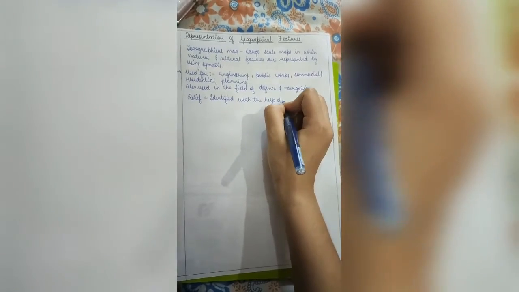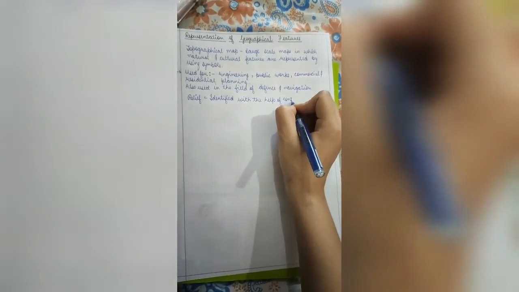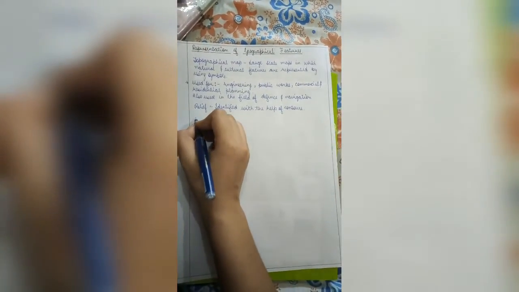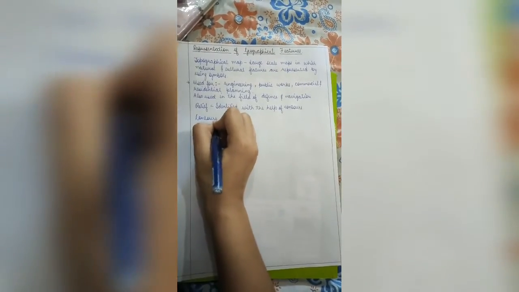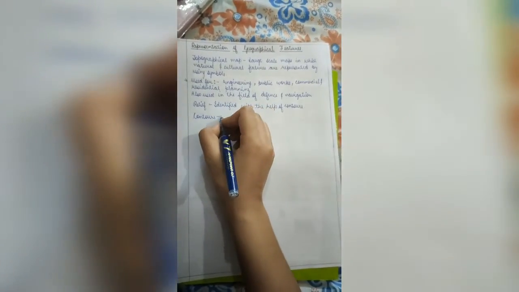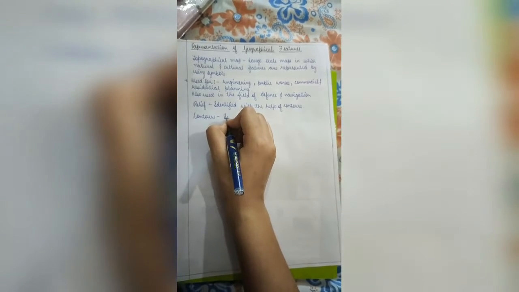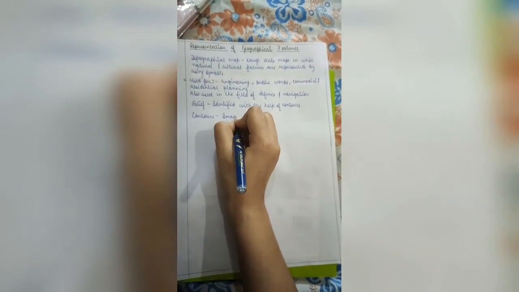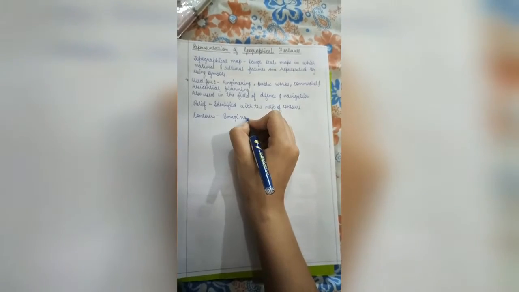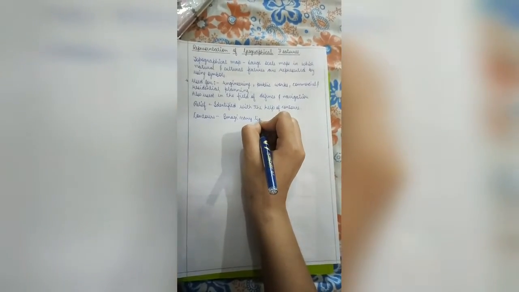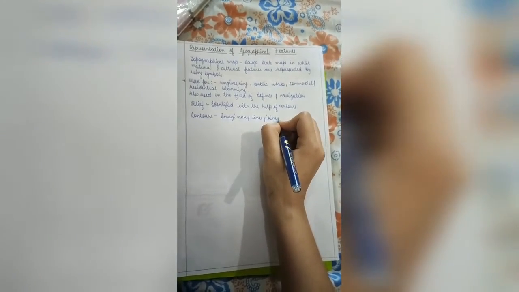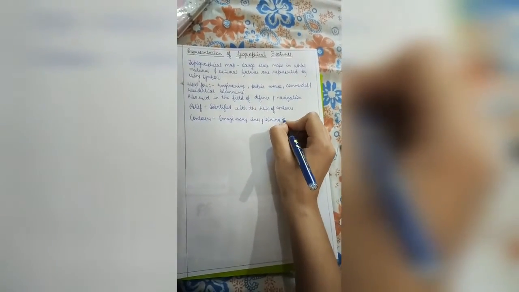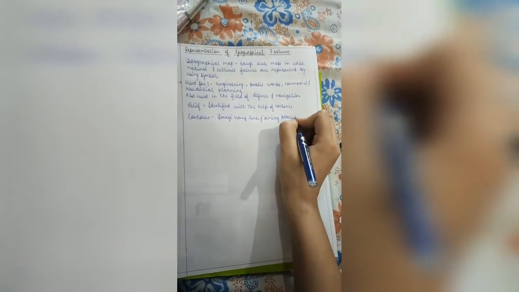They are not actually present, they are only drawn on the topographical maps to represent relief features, and they are imaginary lines which join places with the same height above sea level. I repeat, contours are imaginary lines which join places with the same height above the sea level. Please take notes side by side.